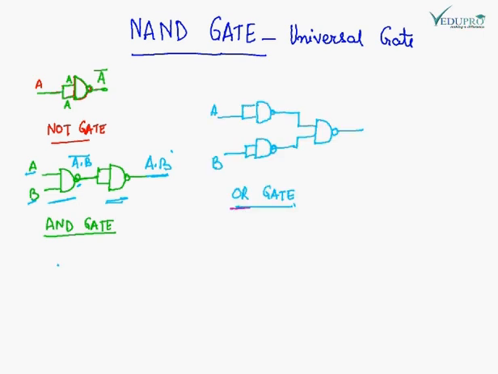This is how we can make an OR gate using NAND gates.